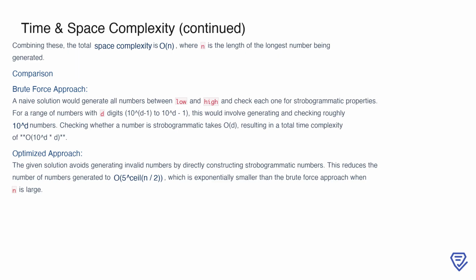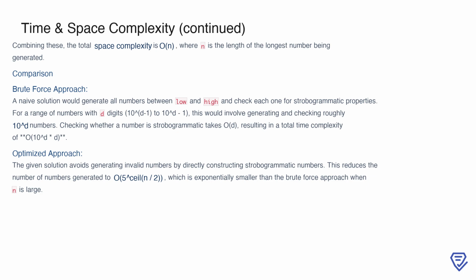Now let's compare this optimized approach to a brute force method. A naive solution would involve generating all possible numbers between low and high and then checking each one to see if it is strobogrammatic. For a range of numbers with d digits, this would involve generating approximately 10^d numbers.